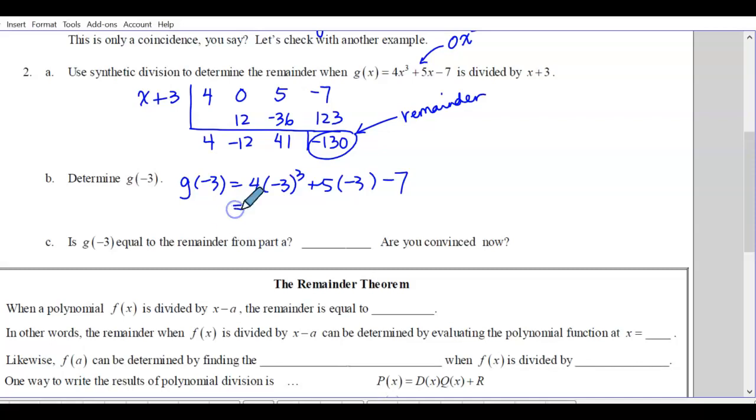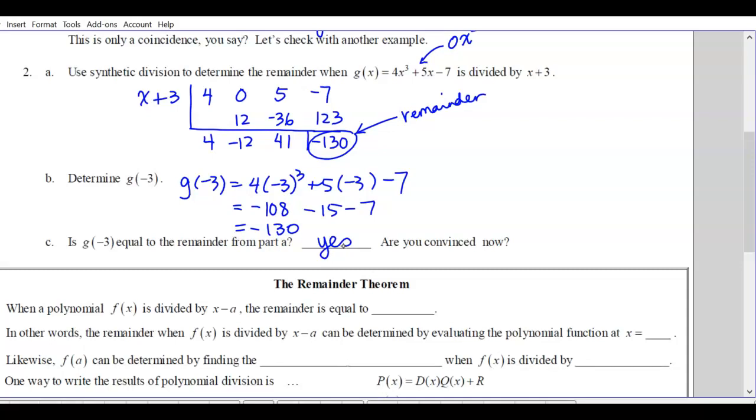So that's going to be negative 27 times 4 is negative 108. Is it? No. 27 times 4 is 108. Minus 15 minus 7 equals negative 130. Okay, so that's the same.